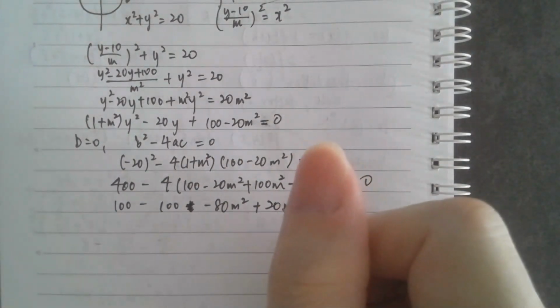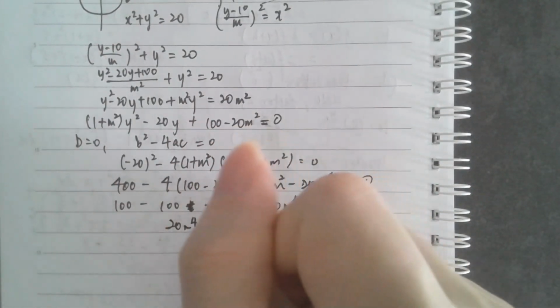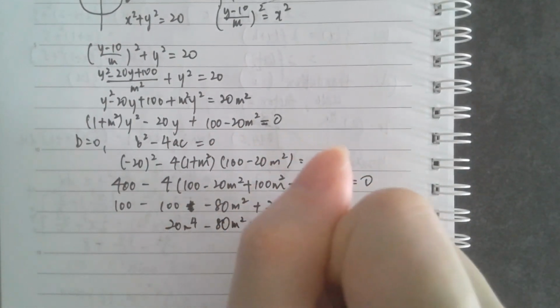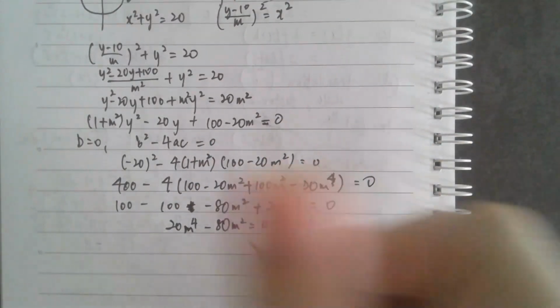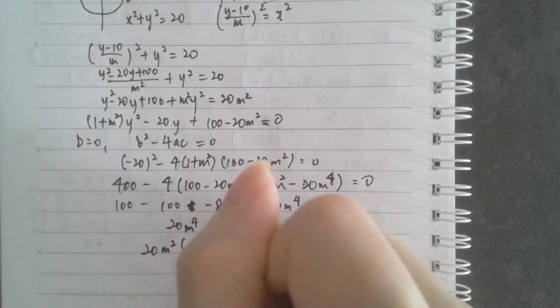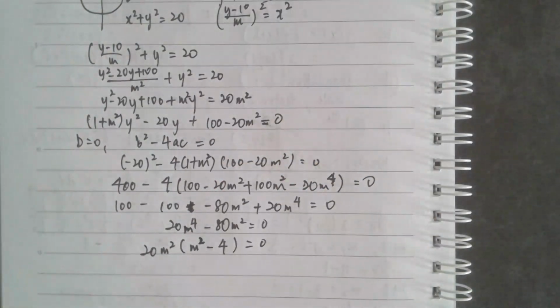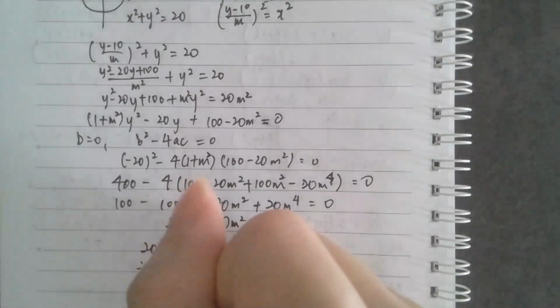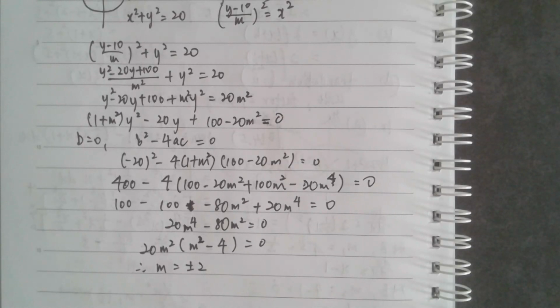So we are left with 20m to the power of 4 minus 80m squared equals 0. We can factorize this further. We can take 20m squared out, so we get m squared minus 4 equals 0. From here you can see that m cannot be 0 because m is the gradient. So m squared minus 4 is 0, and m is plus or minus 2.